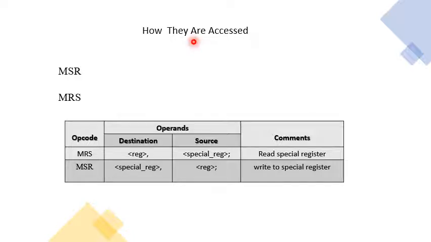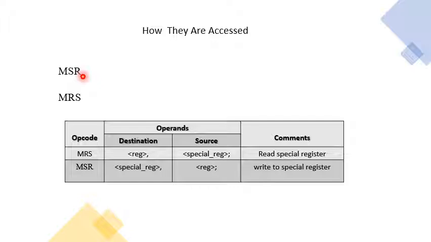Okay, before going into each detail, let us see how these special registers can be accessed, that is, for read and write purposes. If you use the MSR instruction, you will be able to perform the write operation into the special register, and if you use the MRS instruction, you will be able to read the content of the special register into the desired register.